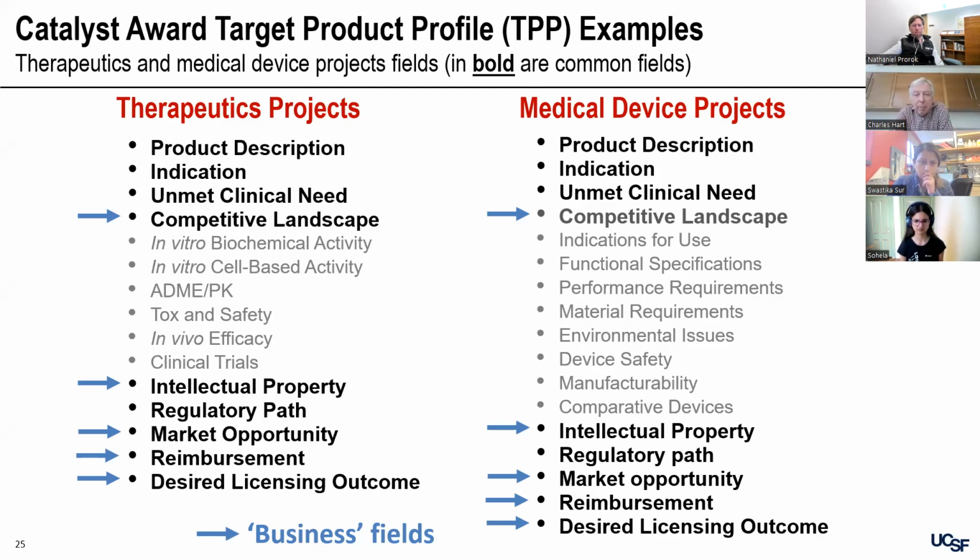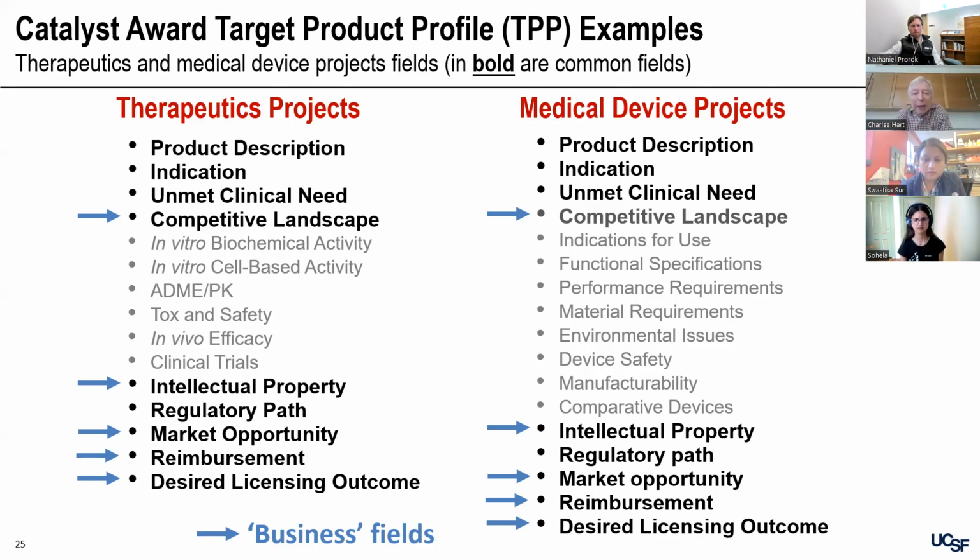If you note the bold at the top and the bold at the bottom, those are fields that are in common across all 4 types of TPPs. And if you look through it, you can tell why they're in common. And then the fields in the middle in the gray, the non-bolded gray, those are the topics that are specific to a particular modality, drug on the left, device on the right.